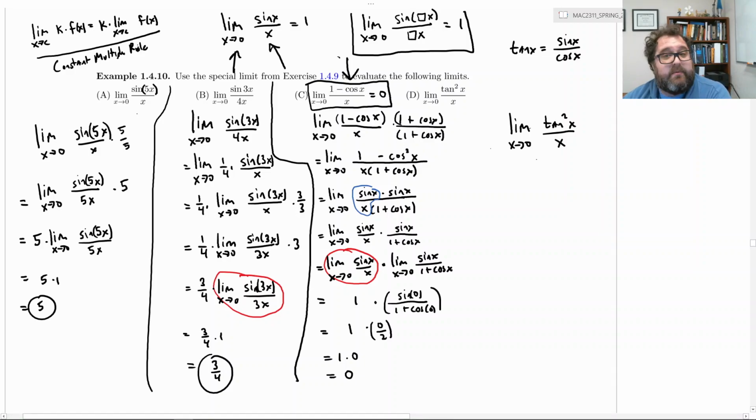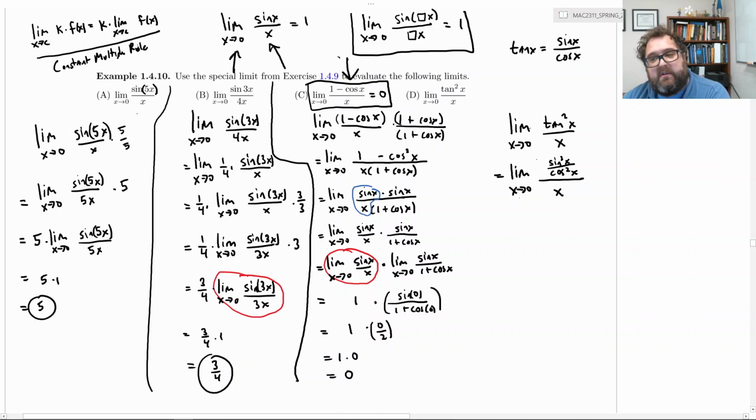But let's see what happens when we replace our tangent with sine over cosine. So this equals the limit as x goes to 0. Now we're going to turn this into a compound fraction, which isn't nice, but we'll fix that in just a sec. So tan squared can be replaced with sine squared over cosine squared, the same thing as tan squared.